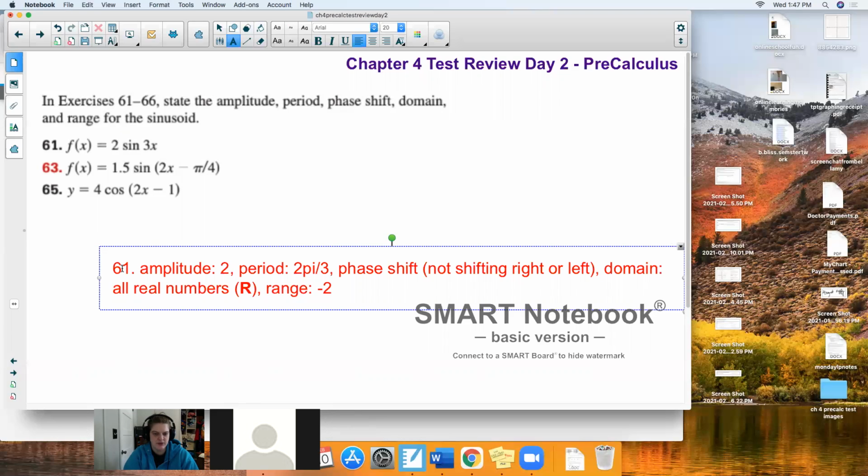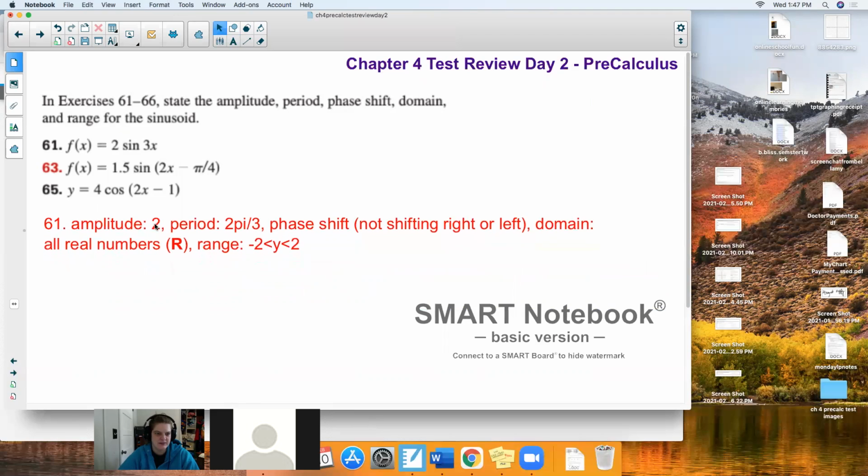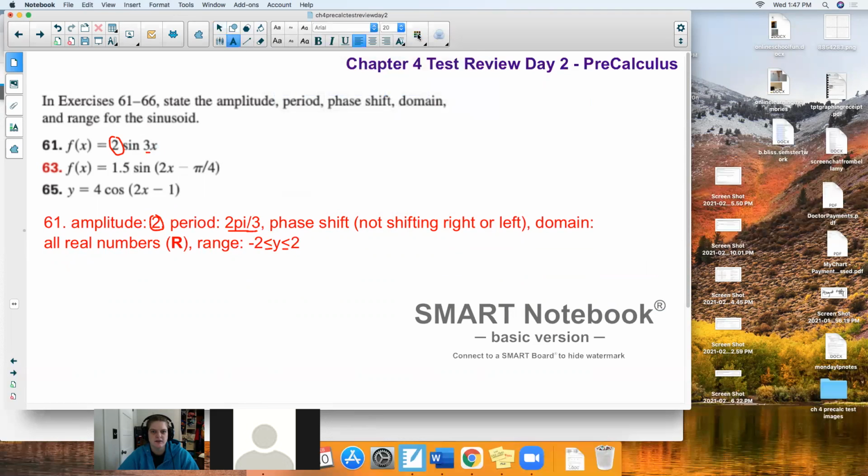So -2 is less than y is less than 2. And of course, since it's actually at those, I'm going to underline them because they're actually equal to 2 there. Yeah, so again, this 2 tells us that the amplitude changes, and this 3 talks about our period. So that's where those come from. All right.